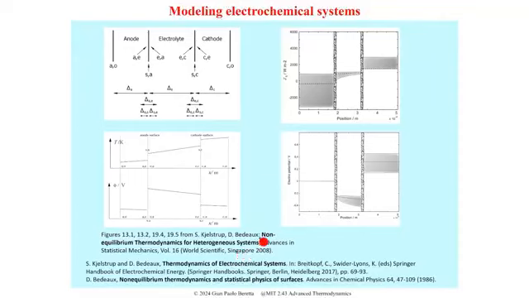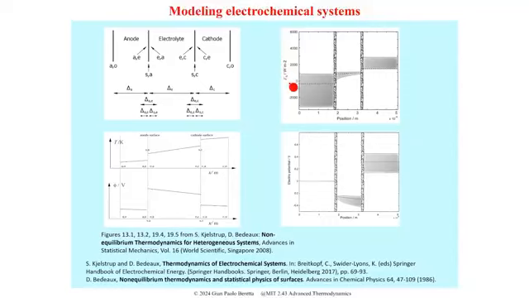This book, Non-Equilibrium Thermodynamics for Heterogeneous Systems by Kjelstrup and Bedeaux, is an excellent starting point for doing properly things the way we've done. And also for realizing that you can compute distributions in the heat.